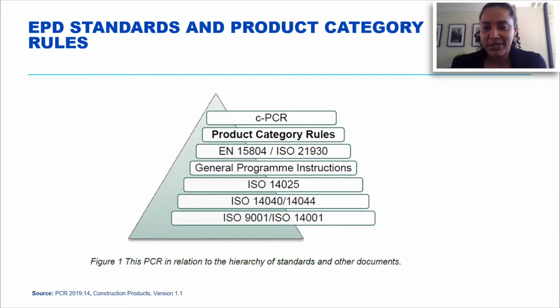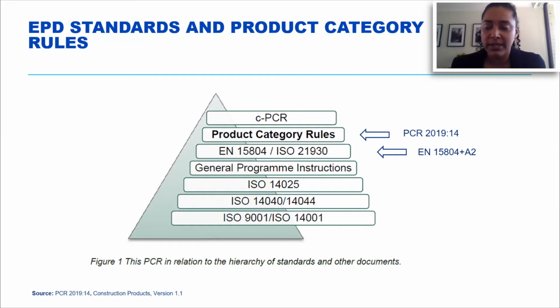And once you already had looked at that, that's when we get to the EN 15804 standard, which actually gives you the guidance on what should be included in your EPD document specifically. And on top of that, you also have even more specific instructions in your product category rules, which is basically additional requirements that will be specific in our case to building products.